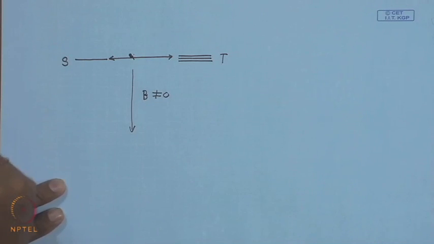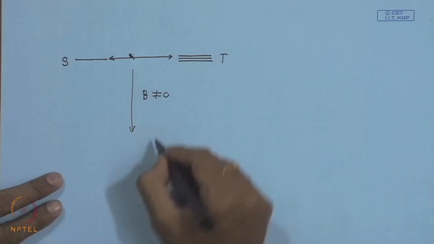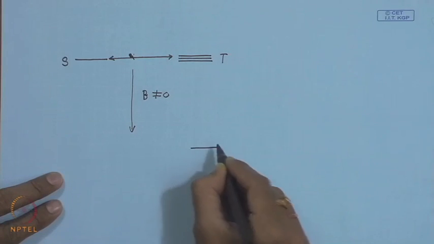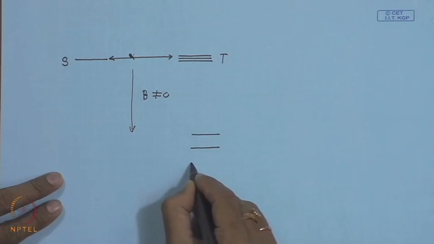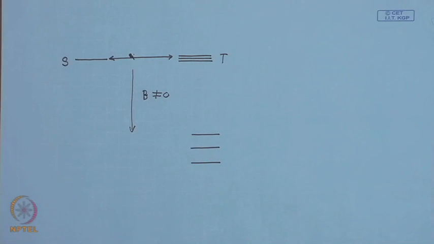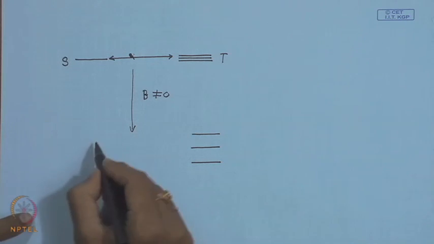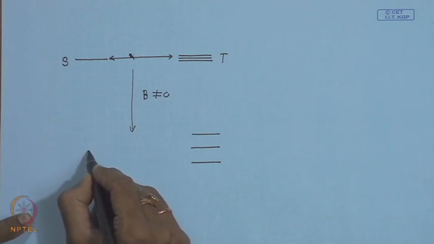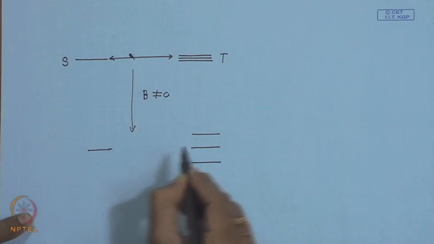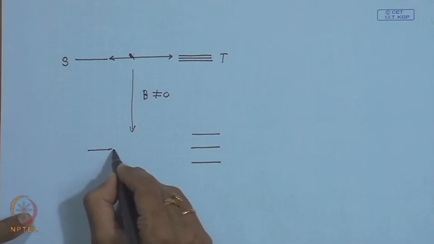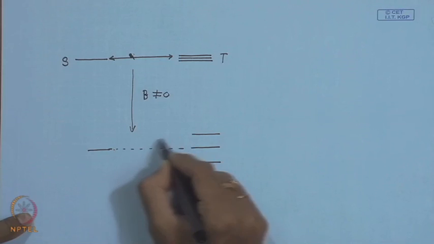So, what is going to happen then? Then this triplet becomes like this, and depending on the strength of the external magnetic field, this splitting will change with external magnetic field strength. Now, energetically these two are the same, but these two are different.